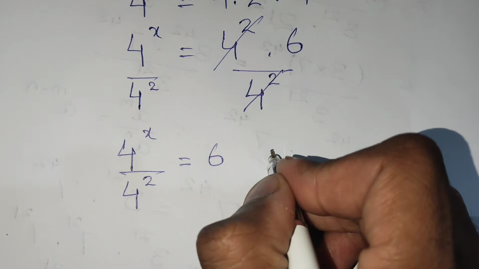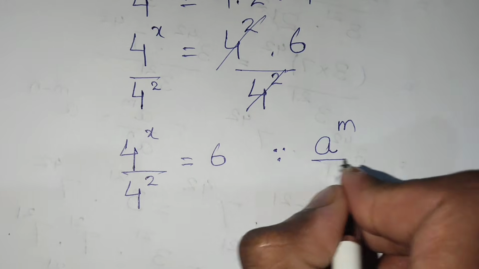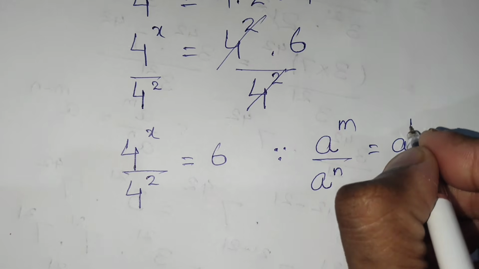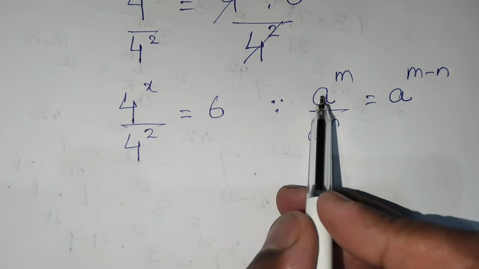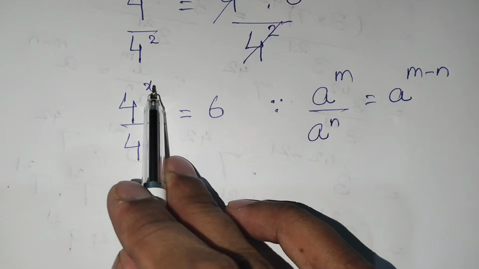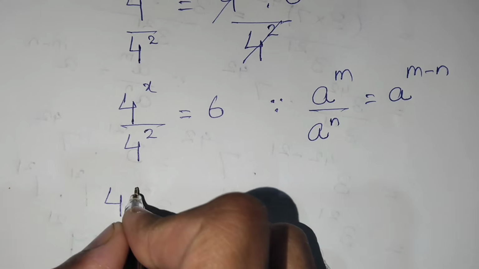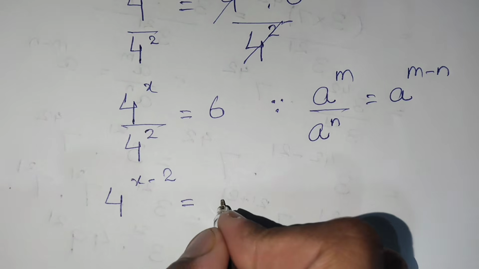Now here we know that a power m over a power n can be written as a power m minus n. So here a is 4, m is x and n is 2. So it will be 4 power x minus 2 is equal to 6.